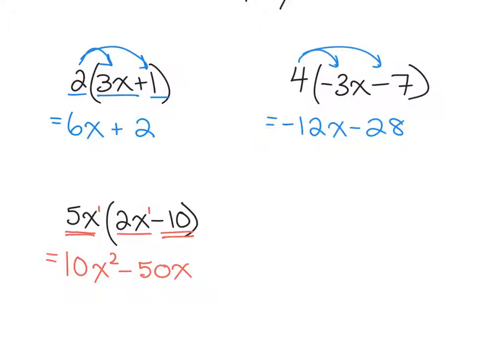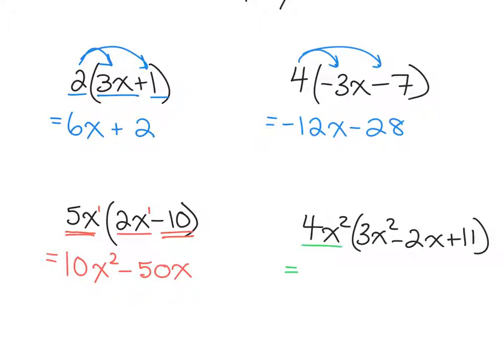Okay, and then let's just try another one. Let's try a crazy one that we probably won't encounter, but we'll just do it anyways. So let's say we had 4x squared times (3x squared minus 2x plus 11). So we're multiplying a monomial by a polynomial still, so I guess that's fair game. But we just increased our exponents on our x's.